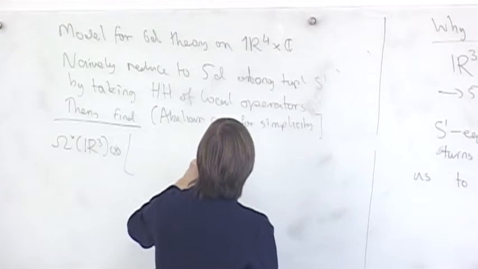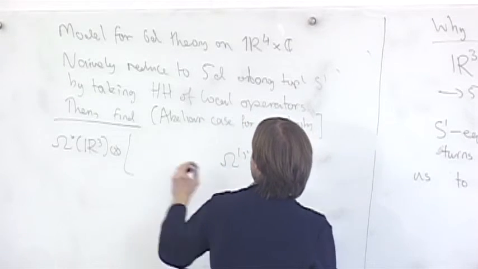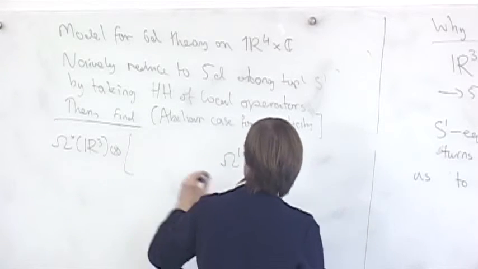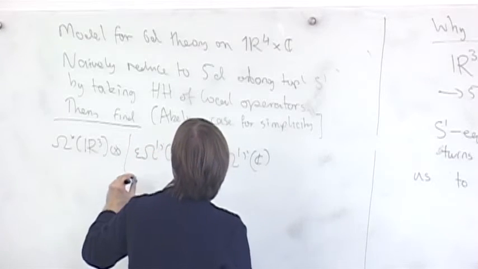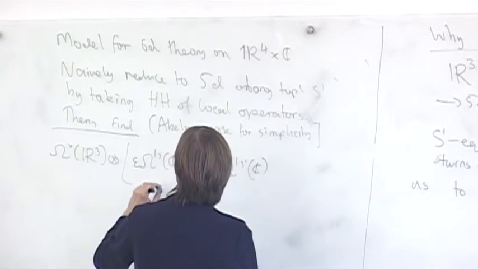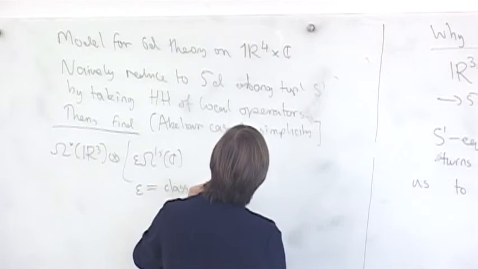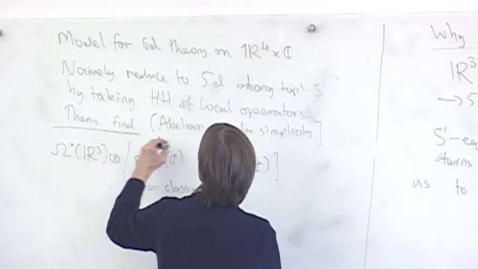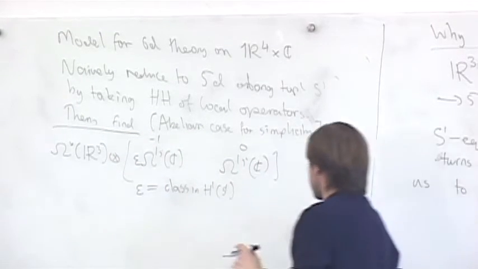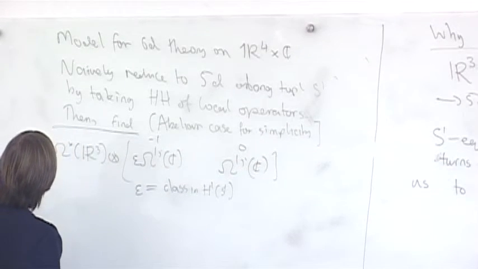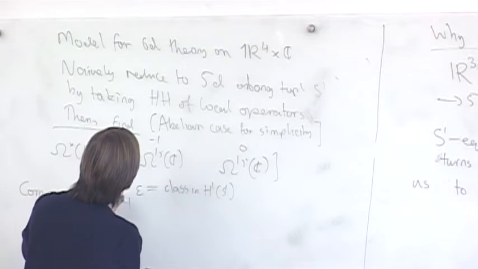We find omega 1 star C, and then a tensor epsilon, where epsilon is equal to the class in H1 of the circle. So I'm making this in degree -1, this in degree 0, just by some conventional shift. So you want to compare this to the 5D theory directly.